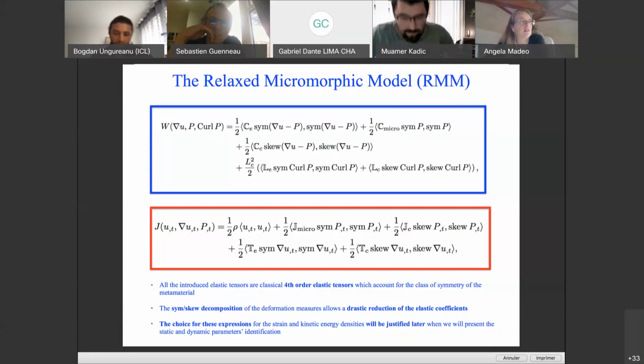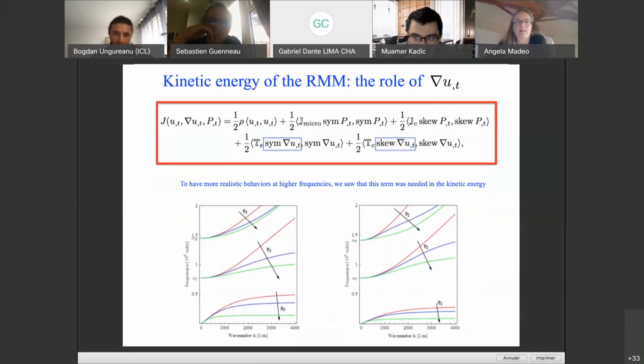In the beginning, it was not even clear for us that this should be considered, but at some point we became aware of the fact that if we don't consider this term, you look at your dispersion curves, and they all have oblique asymptotes, which means it's a little bit far from the experiment that we want to fit.